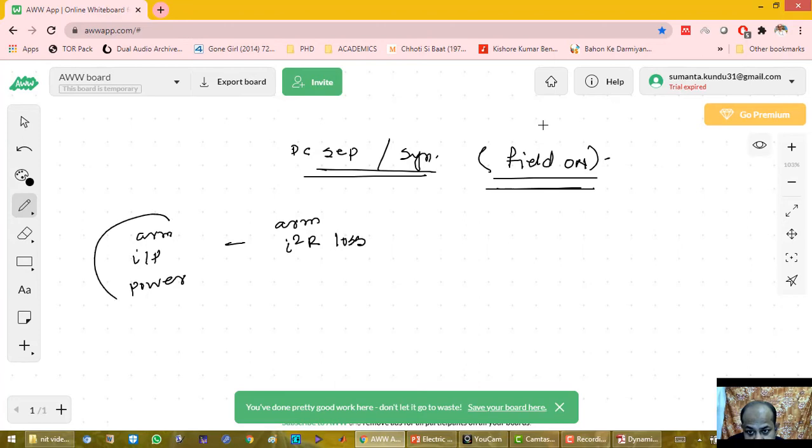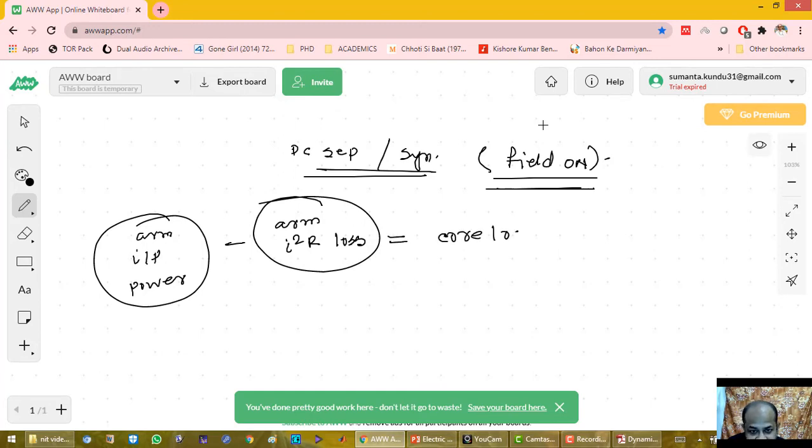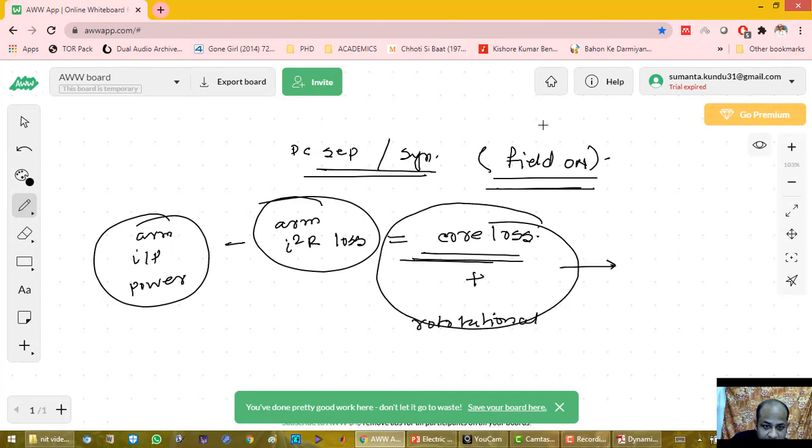So if we subtract the armature I square R loss from the input power, we get the value of core loss. Once we get the core loss, we can get the exact value of rotational mechanical loss, because otherwise this loss and the core loss are lumped together in the input mechanical power, and we cannot get the exact value of rotational losses.